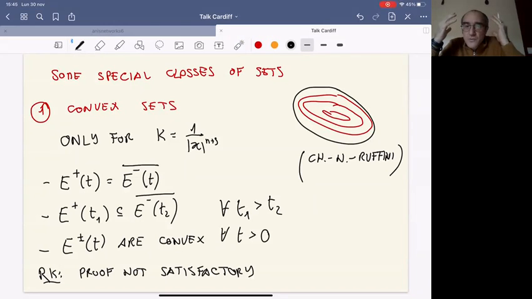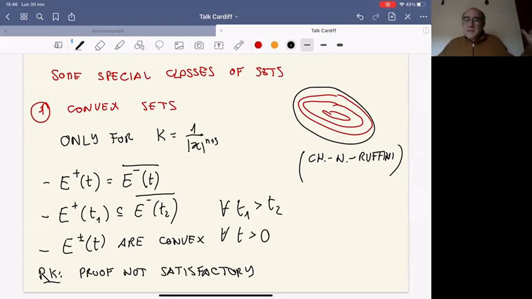How would you prove this result? Normally, you would try in two ways. The first is looking at the PDE in the viscosity sense, which I mentioned at the beginning, u_t equals gradient u times H_K, and showing that if I have a convex function, then the solution remains convex for all time.